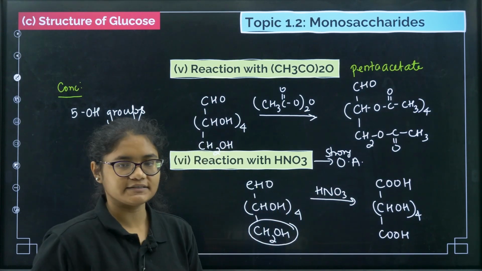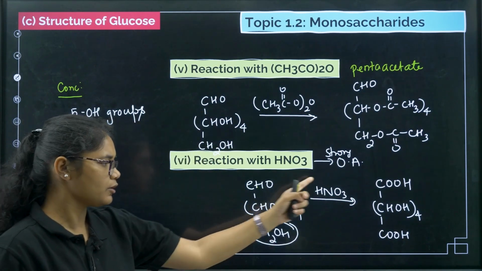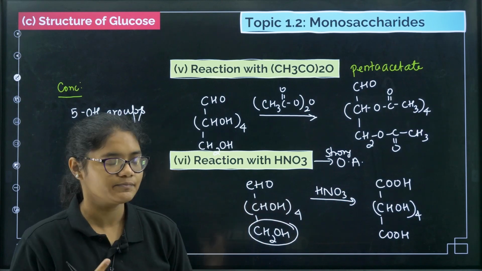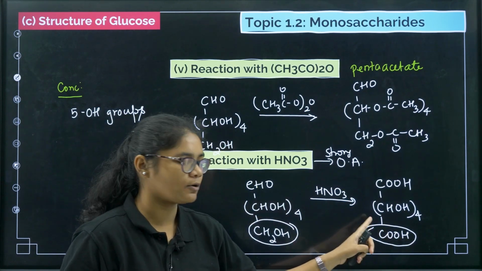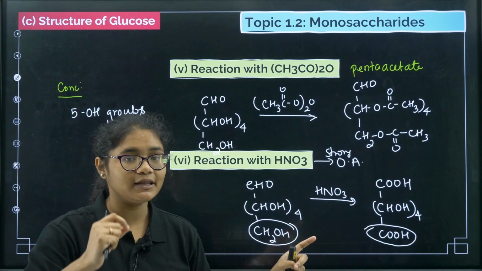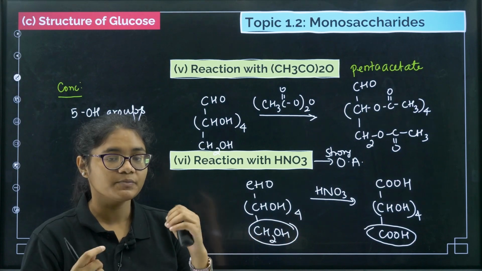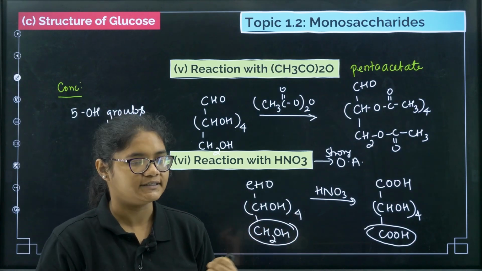We know that previously there was one aldehyde group, which got oxidized to an acid group, but another acid group is also formed here, and we know that primary alcohols can give acids under strong oxidation conditions.